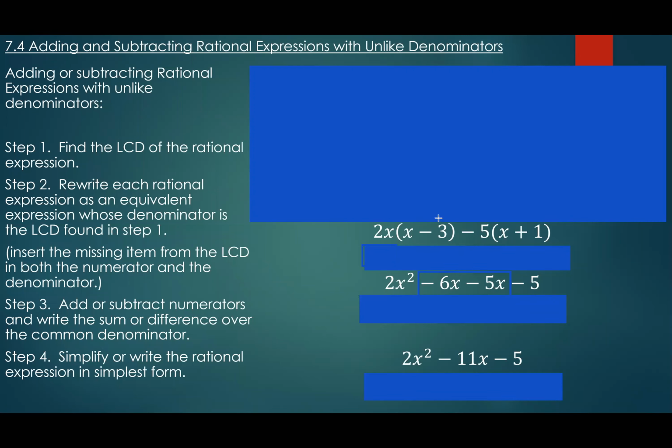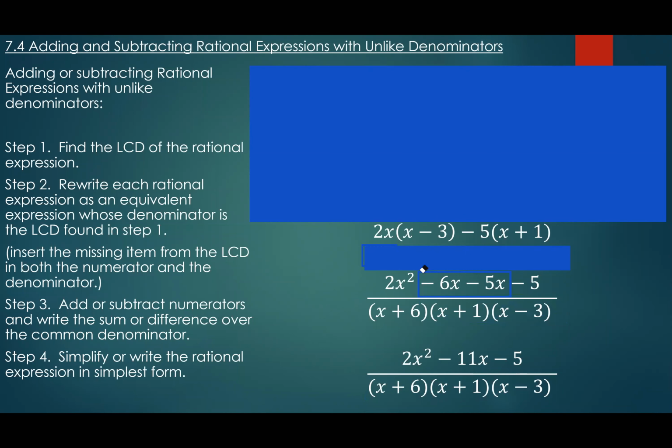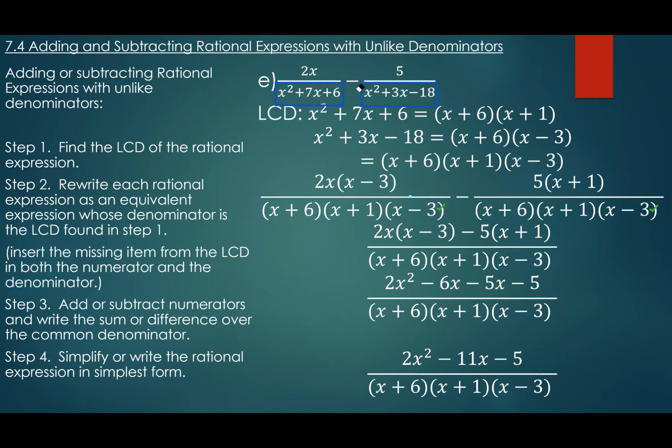So once we have this, we cannot factor it out. This will be my answer. And even if you factor them out, you probably won't be able to cancel them out. But again, this is the idea of what we need to do in the sense of adding or subtracting with unlike denominators.